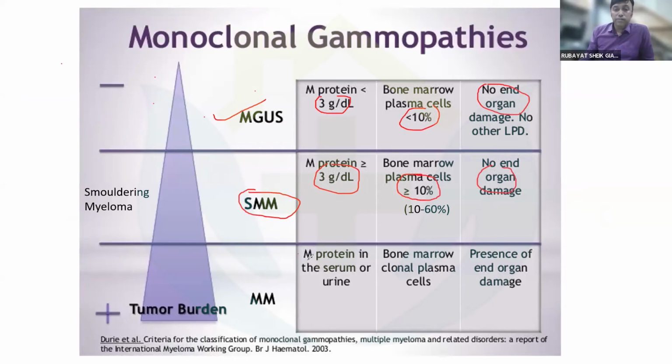Multiple myeloma, whatever the plasma protein, whatever the bone marrow cells, there must be presence of organ damage. Okay. So more than 10% plasma cells in bone marrow, organ damage, some level of paraprotein, that's multiple myeloma. So this is a summary of the three conditions. So please read your case properly, read your scenario and the investigations given and answer accordingly.